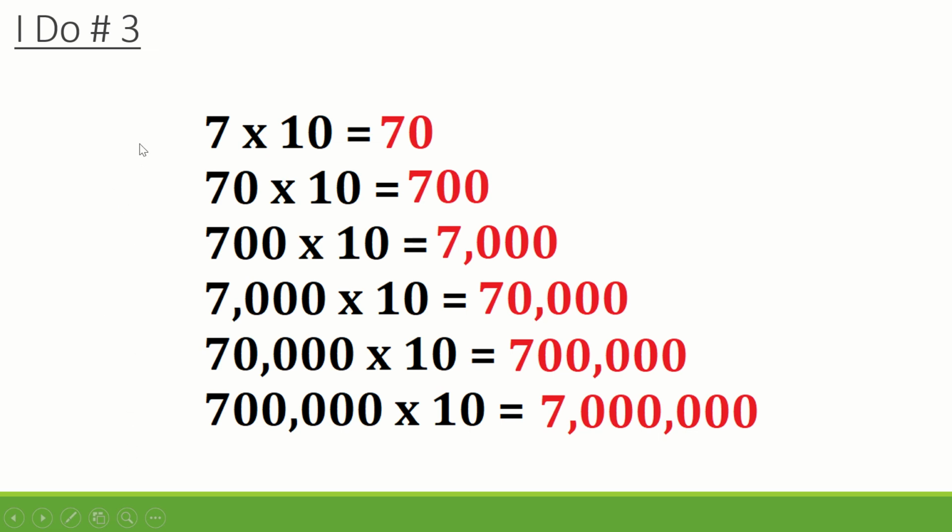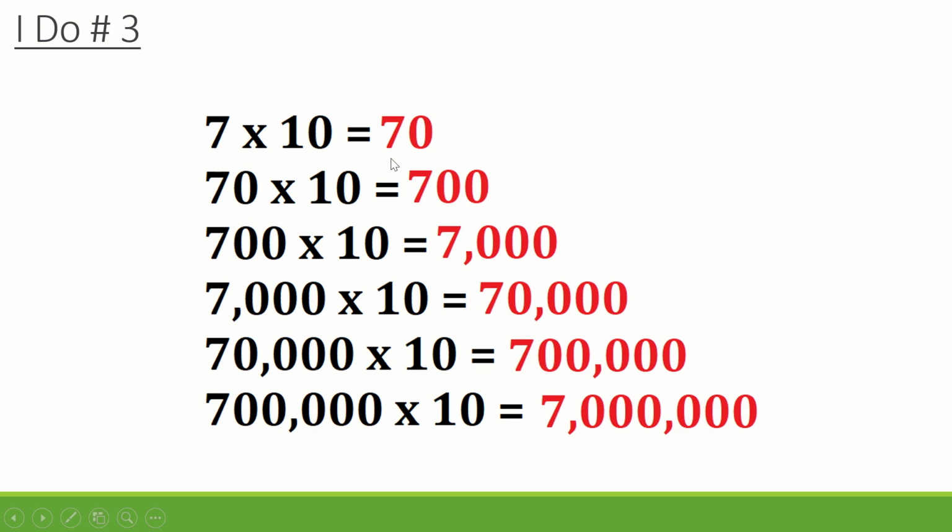And another interesting tidbit is if I look at my first factor, and since I'm multiplying all of these first factors by 10, the digit of value, and we have 7 as that digit of value, its location differs from equation to equation, but because I'm always multiplying that first factor by 10, I'm moving that 7 over one place value to the left each time.